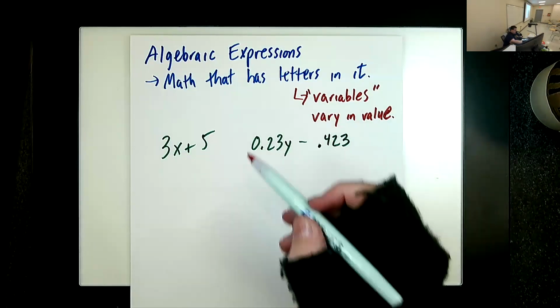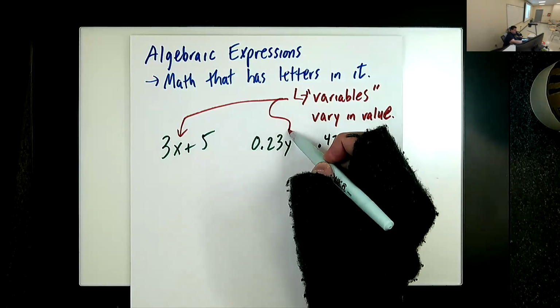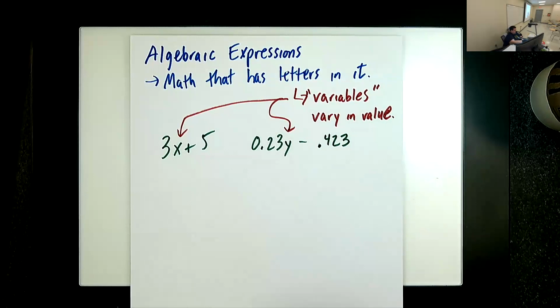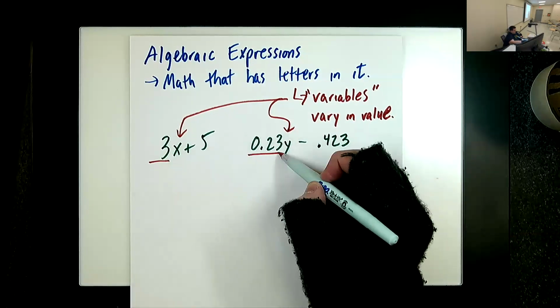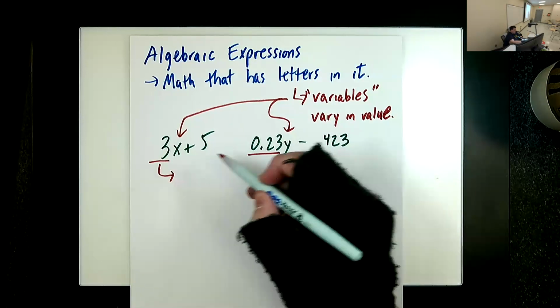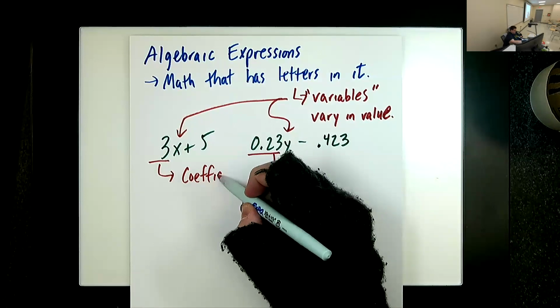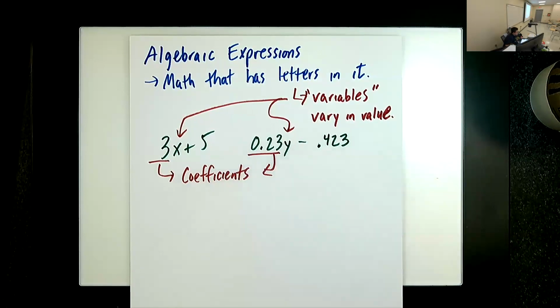My variables are my letters. The numbers that come in front of them are multiplied by the letters. These are called coefficients. The word comes up a couple times in this semester, a lot in chapter 4.